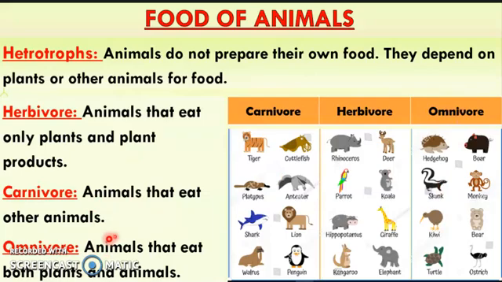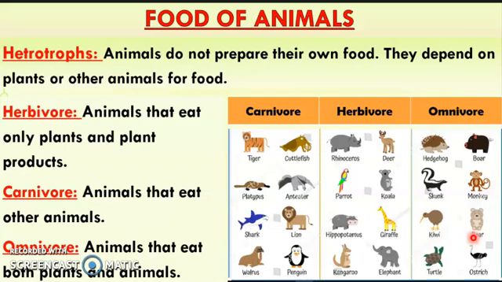Now, let us look at the omnivore category. Animals that eat both plants and animals are called omnivores. Okay, like hedgehog, bear, skunk, monkey, kiwi, boar, turtle, ostrich, and cat, dog, etc. come under omnivores.